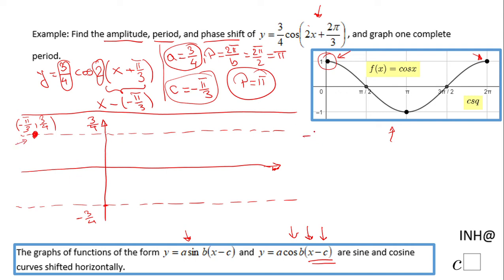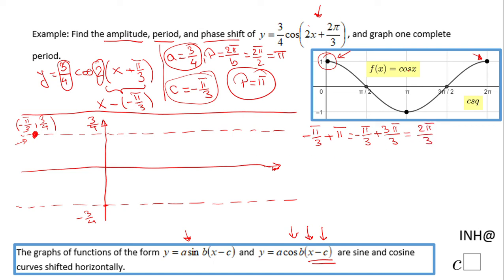To the negative pi over 3, I'm going to add the period, in this case pi. So now I have to change that pi into 3 pi over 3, so I can add these two fractions, and I end up with 2 pi over 3.